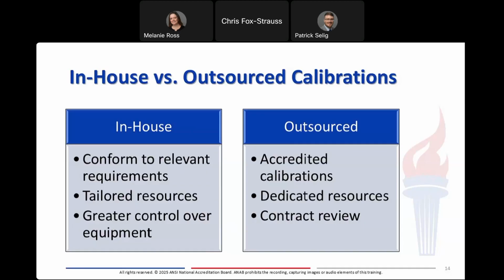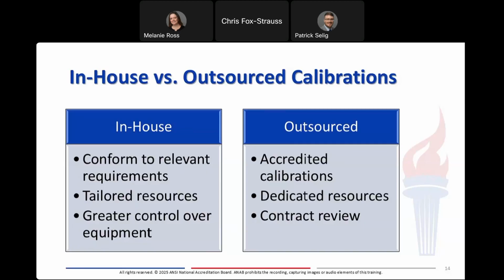When looking at in-house versus outsourced calibrations, there are pros and cons to each. When you're looking at in-house calibrations, you need to ensure that the calibrations conform to the relevant requirements of the standard. You also may want to consider having tailored resources. What this means is resources within the laboratory that have the competence to perform the calibrations of the equipment within the laboratory.